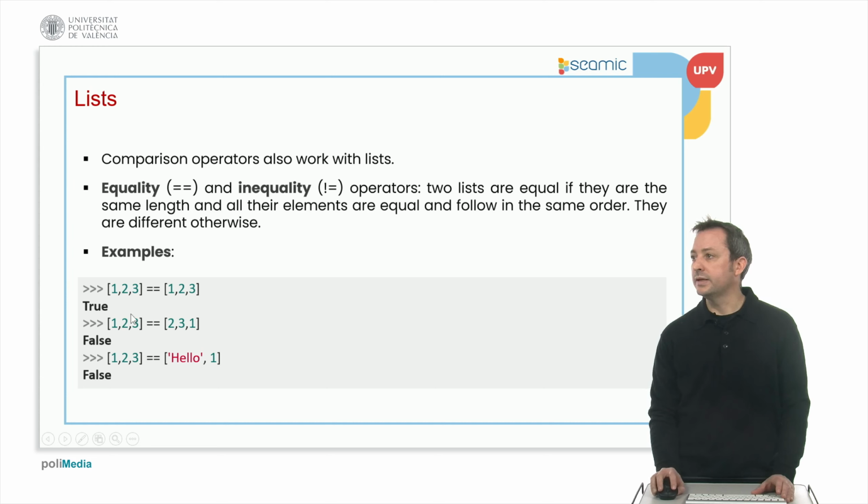So, if 2 lists are defined and the elements are the same in the same order, this property is true. Otherwise, it's false. If there are different elements, of course, it is false. But if the elements are the same but in a different order, there is also a false return value.